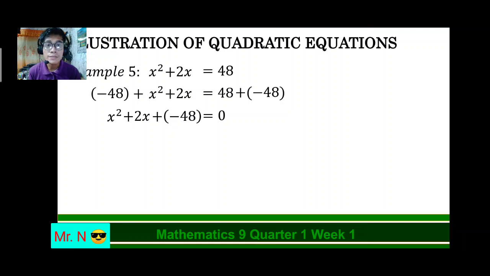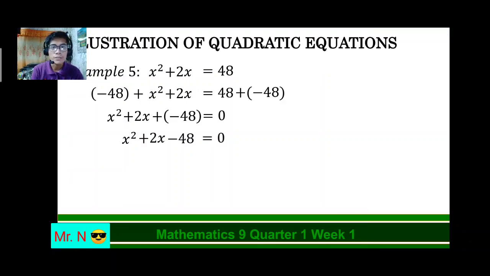So let's simplify further by multiplying positive and negative, because if you notice, they are beside each other. So, positive times negative is negative. So, negative 48 and then plus 2x is equal to 0.